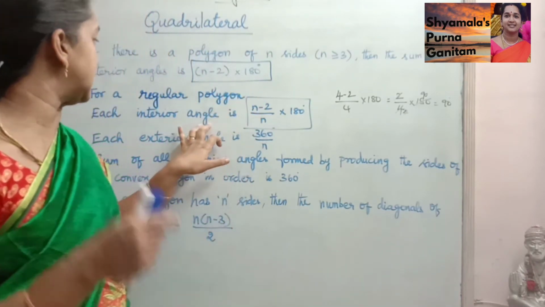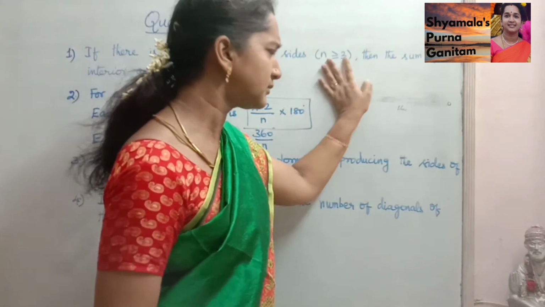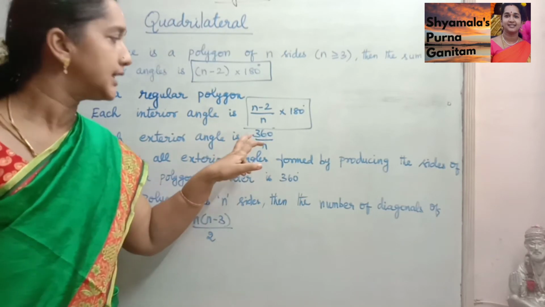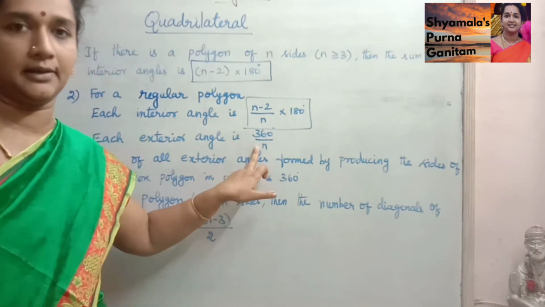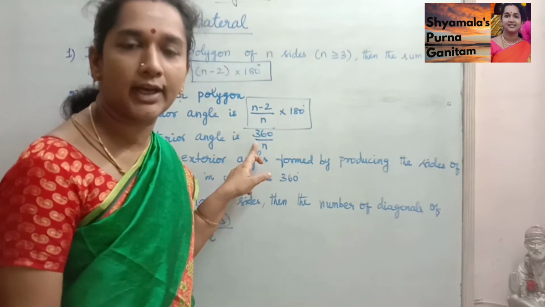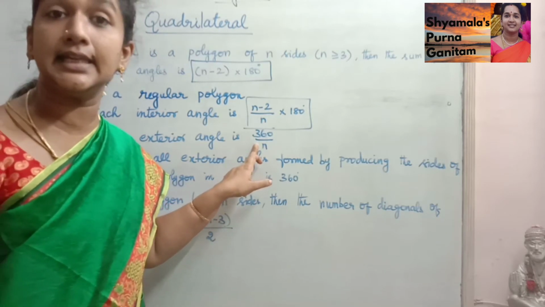Then the next one is each interior angle, and then comes the exterior angle. The exterior angle is 360 divided by n, where n is the number of sides. So 360 divided by 3 for an equilateral triangle gives a 120 degree exterior angle.